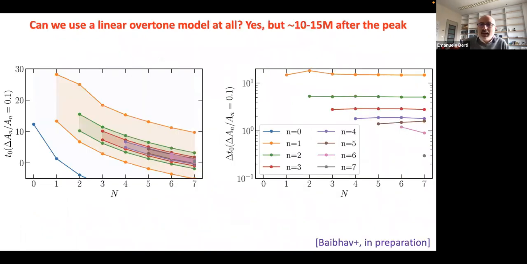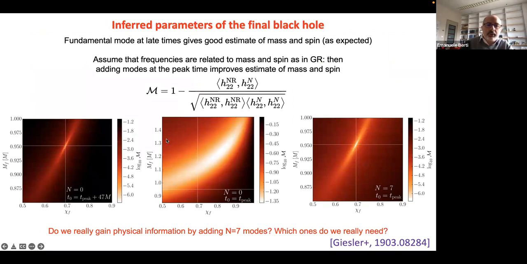And in fact, you can plot the region in which the amplitudes are constant, and it is shrinking to 0. Here you see exactly the region in time in which the amplitude is constant within 10%. And as you add 7 modes, there's no time at which the amplitudes are all constant. Okay. So I think this pretty much closes the argument that you can do the fit with linear modes.